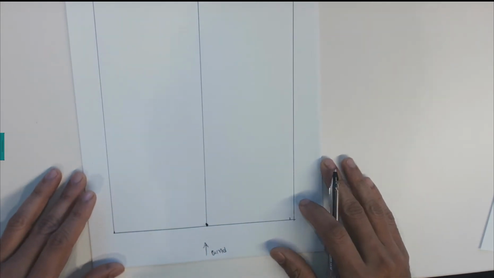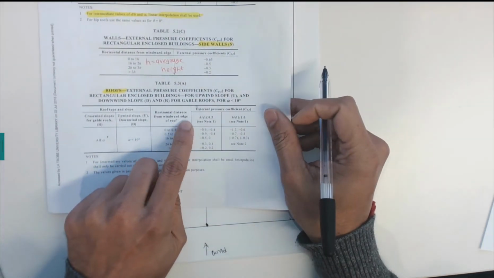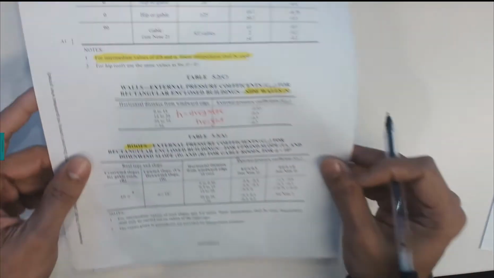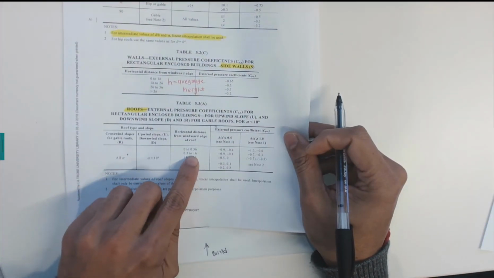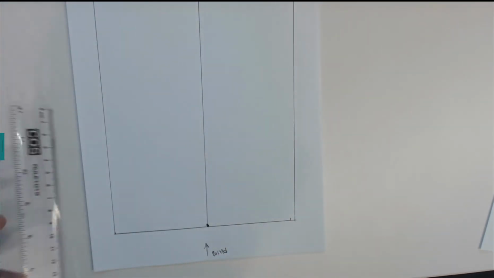Now we need to get the horizontal distance from the windward edge of the roof. So 0 to 0.5 H, 0.5 to 1 H, to 2 H, and so on, and H is 5.5.